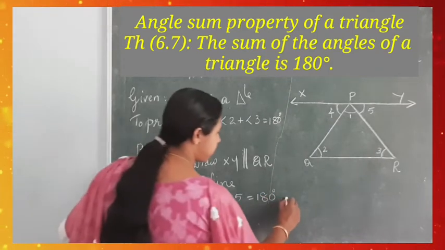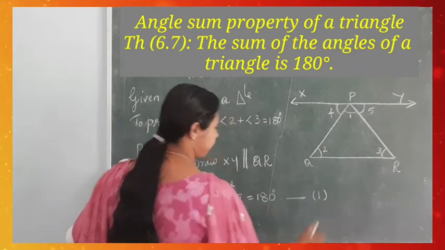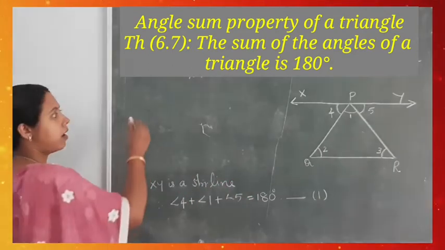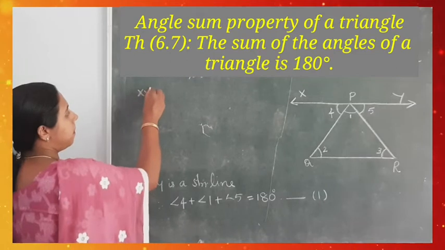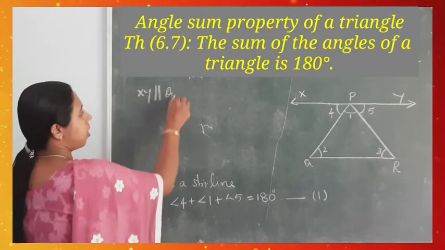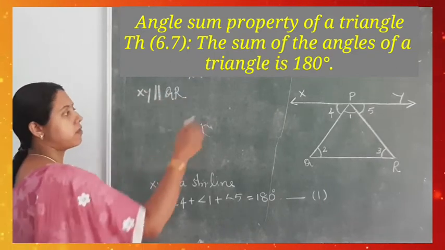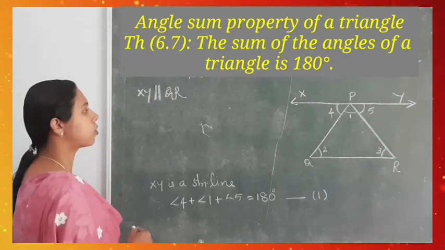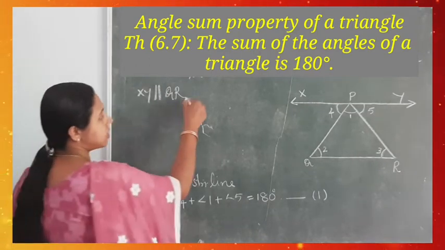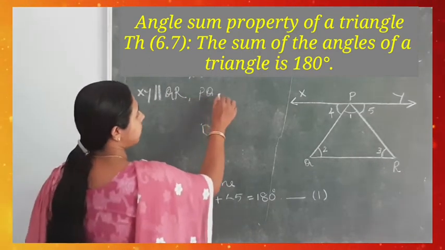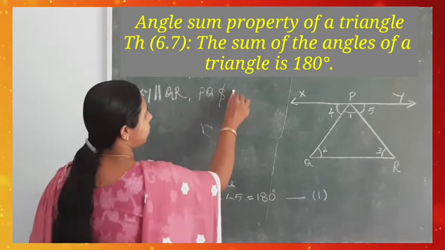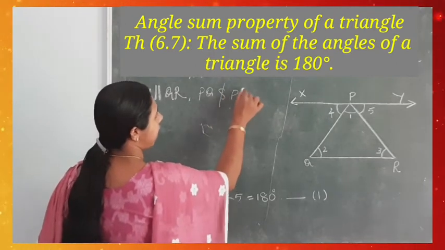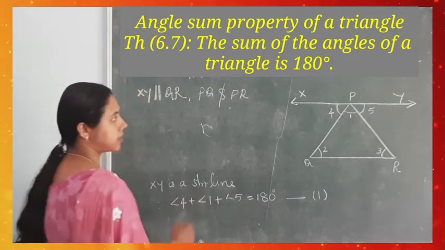Give it as equation 1. Now, XY, or XPY, is parallel to QR, and PQ and PR are transversals.